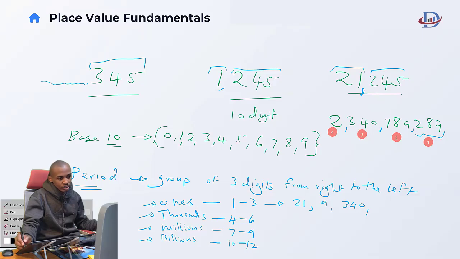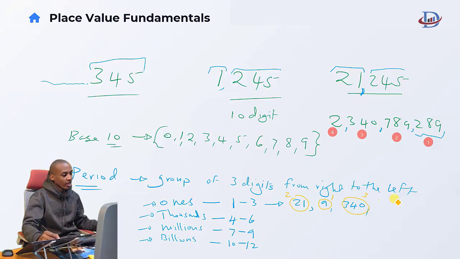Let's go together here. This is only 2 digits. This one is only 1 digit. And this one is made with 1, 2, 3, only 3 digits. So any number with 1 to 3 digits belongs to the first group, the ones.